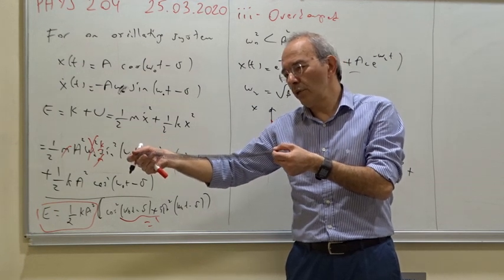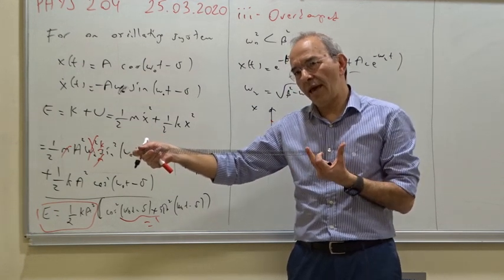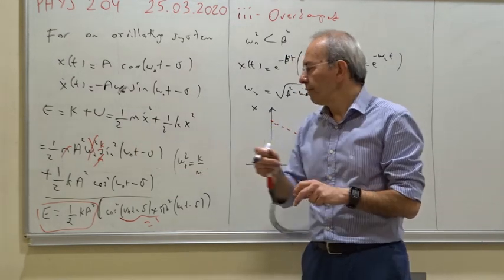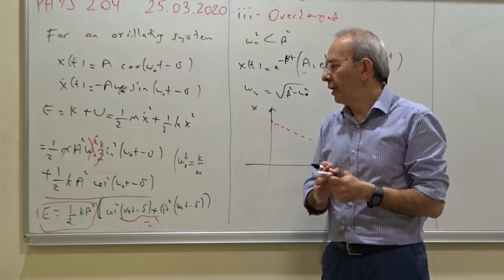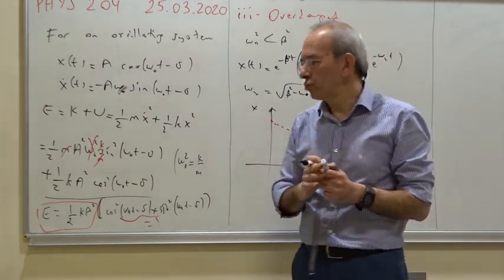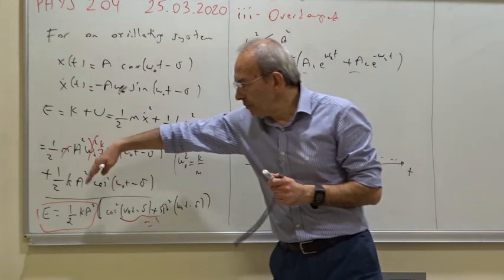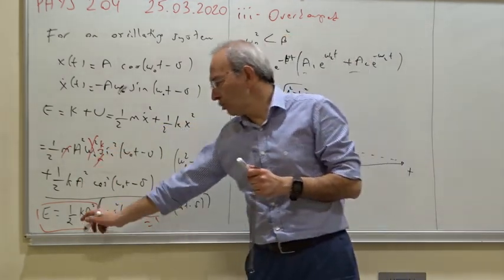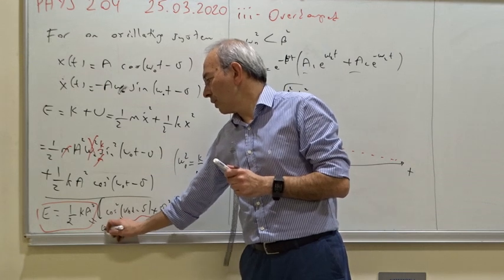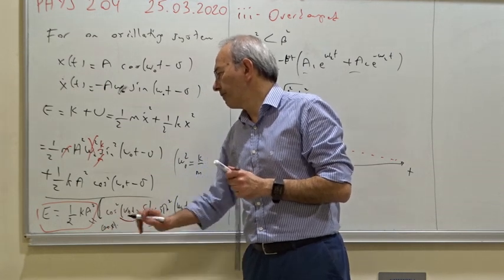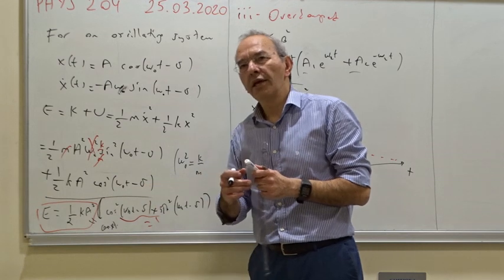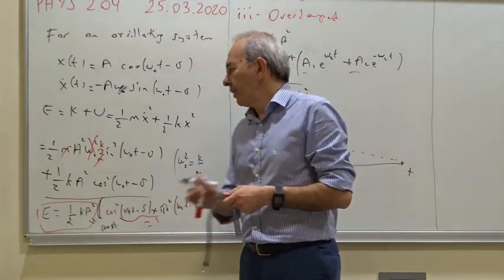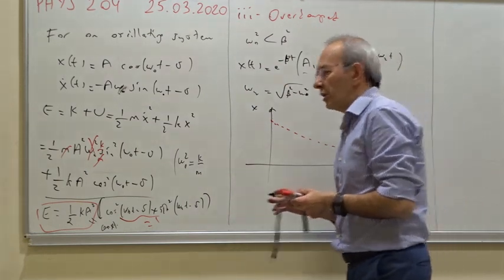At the beginning, if you elongate it by a distance A from equilibrium, and then leave it, assume there's no attenuation, no drop in the magnitude, it will make oscillations back and forth, and the energy is constant, it is fixed. It depends only on the initial amplitude of oscillations and the force constant of the spring, k.